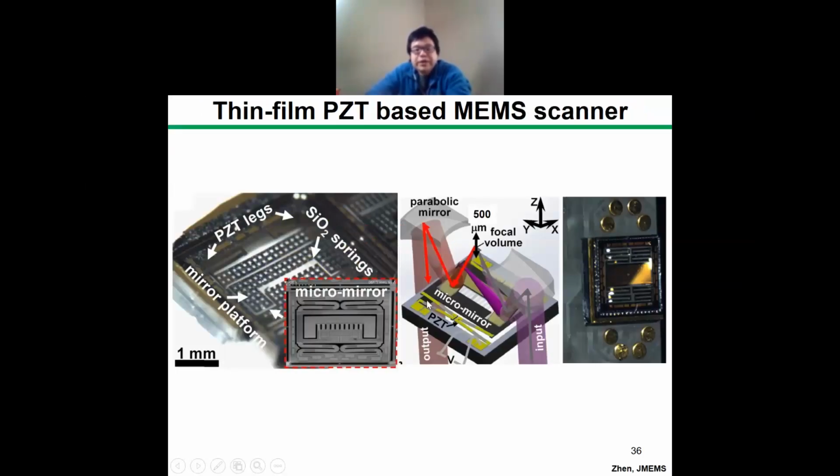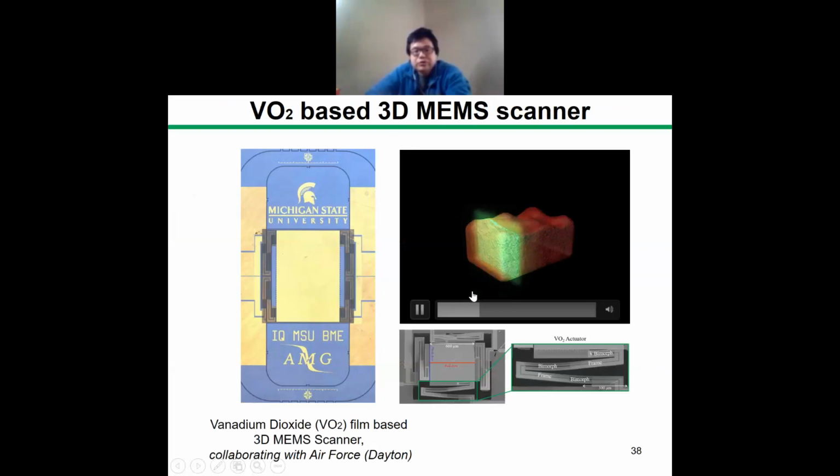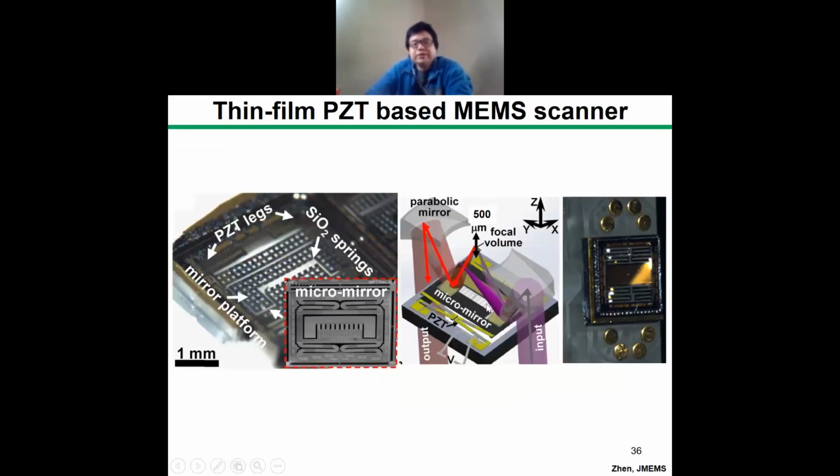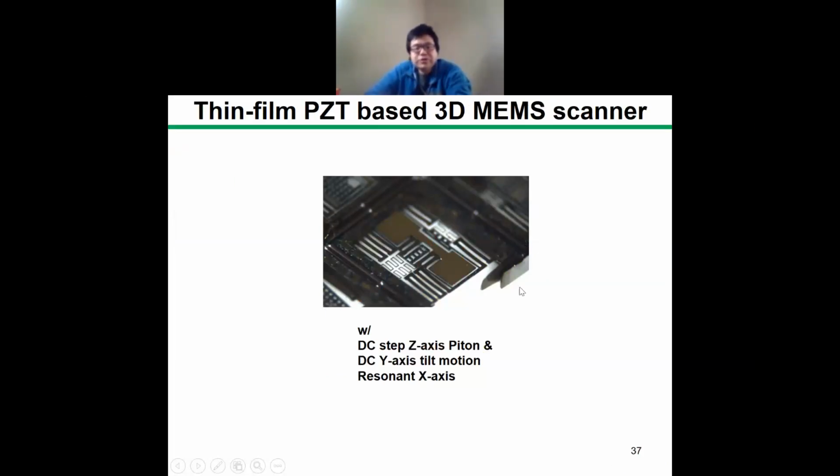Essentially we integrate such a system in the 5 mm endomicroscope to get a large travel on the Z and also XY scanning.